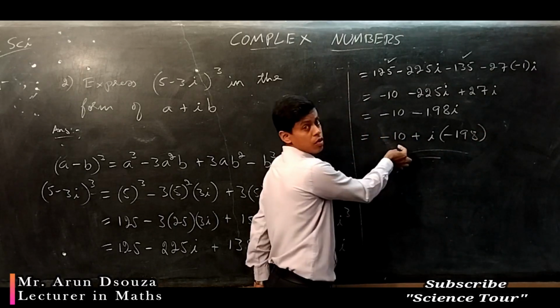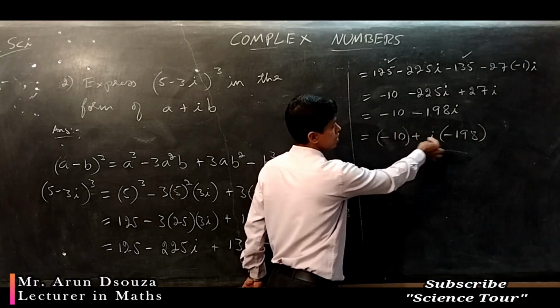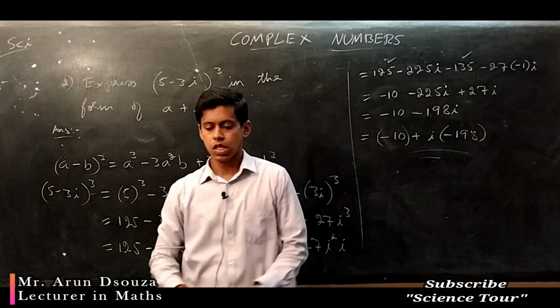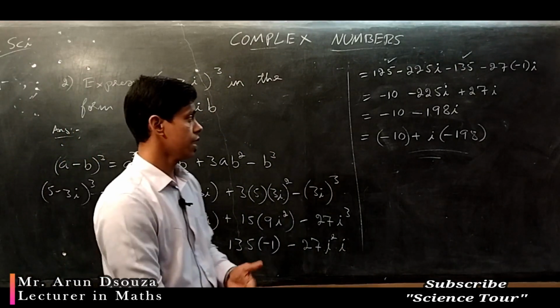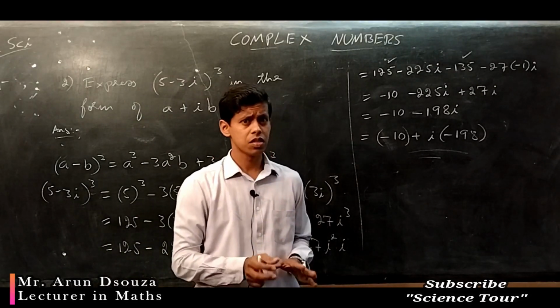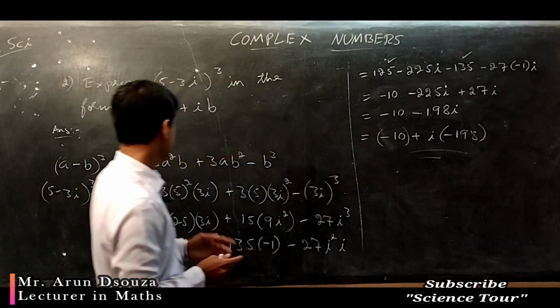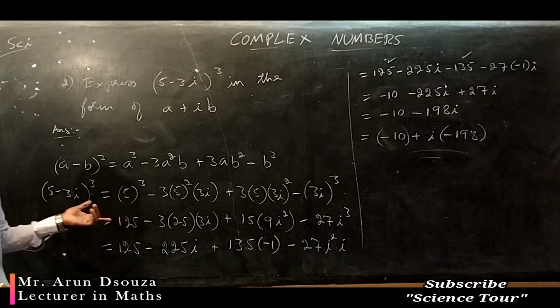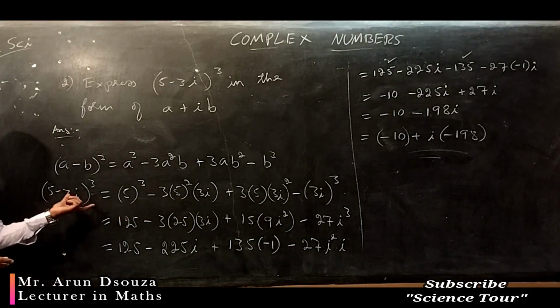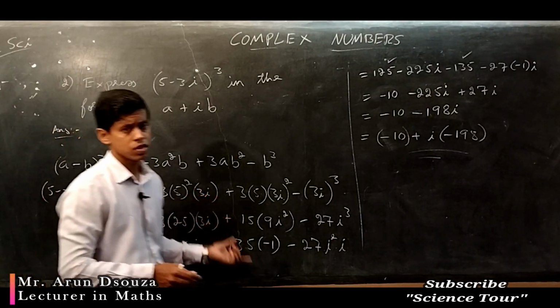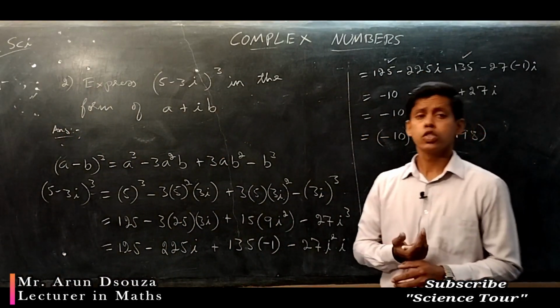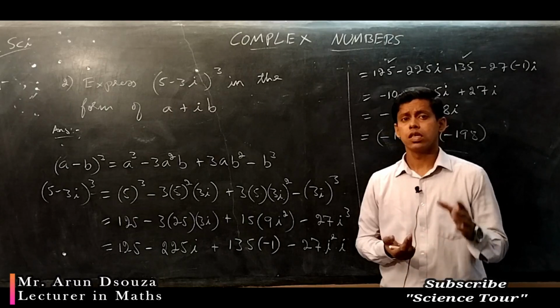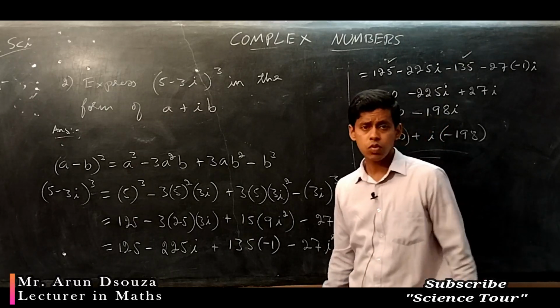So now is it in the form of A plus IB? Yes, so that is it. So you have minus 10 minus 198I. Okay, this is of the form A plus IB, and this particular question sometimes fetches you 3 marks. Sometimes they'll ask it for 2 marks. So this is a very easy question.